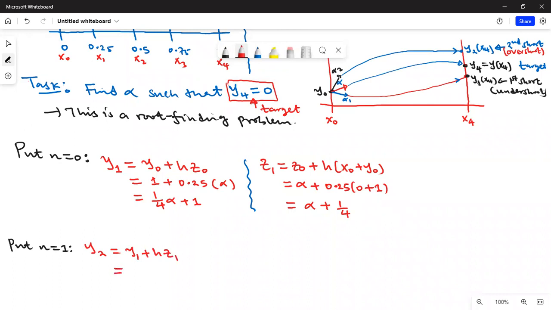We know y1 to be 1 over 4 alpha plus 1, remember, plus 1, then plus h, which is 0.25, times our z1, that is alpha plus 1 over 4. When you work this out, you get y2 is equal to 1 over 2 alpha plus 17 over 16.